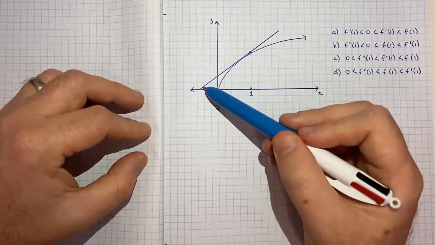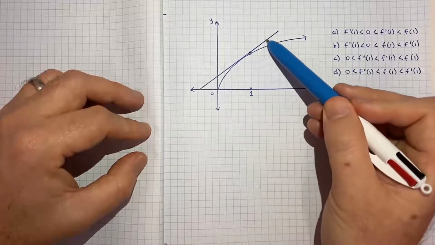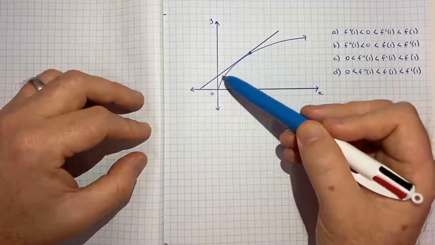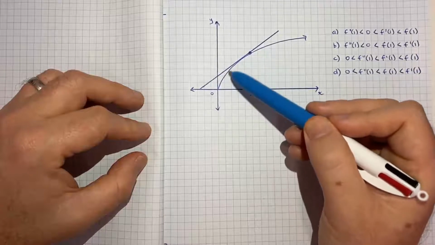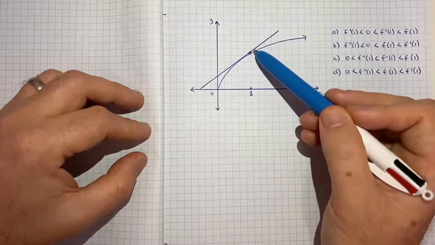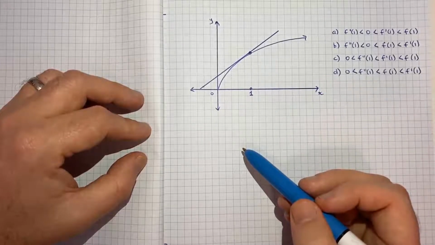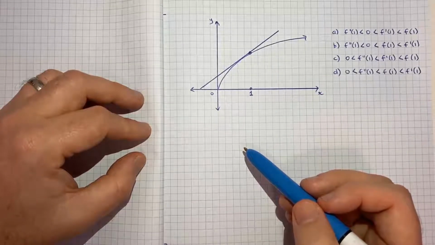See how this tangent line that's been drawn for us is on top of the curve. It's always above the curve at all points. That lets us conclude that at this point y is equal to f(x) is concave down.